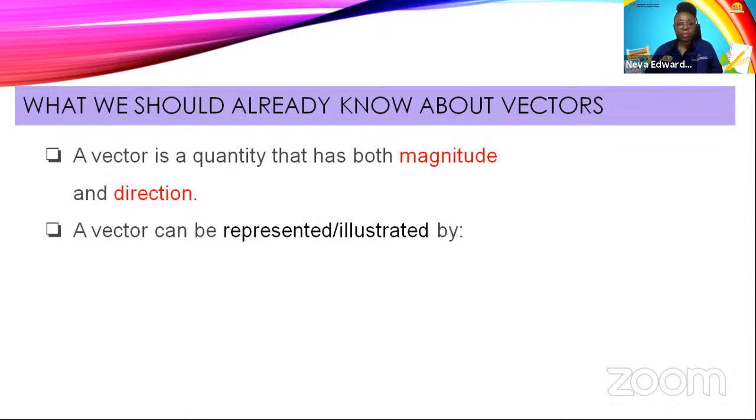And you notice that the word magnitude is in red as well as direction. But you didn't use the word magnitude, you gave me something else. What could I say? Give me another word I could use to speak of the magnitude. Distance.